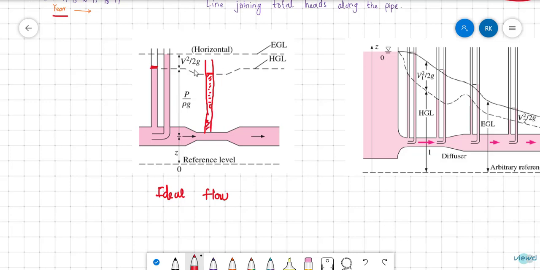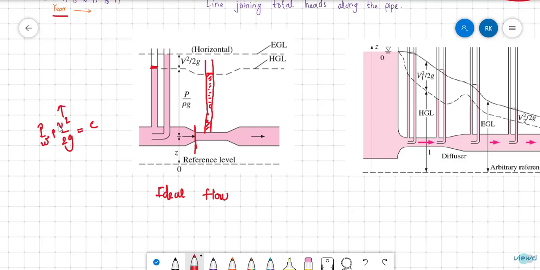this raises only up to this point. That is because the velocity increases as the cross section area decreases, so P by W plus V square by 2G is equal to constant. Since Z is equal, I am neglecting it. Velocity increases as cross section area decreases.